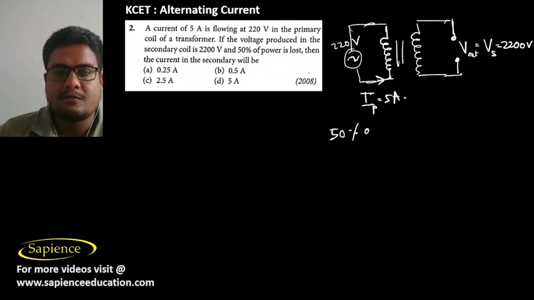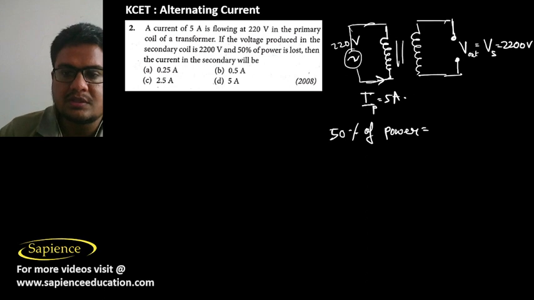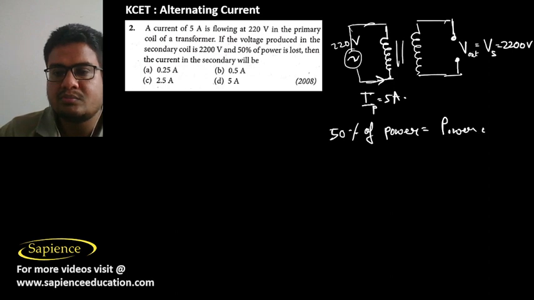It means that 50% of the electrical power is lost, so 50% is remaining. 50% of the input power is equal to the power output across the secondary coil.